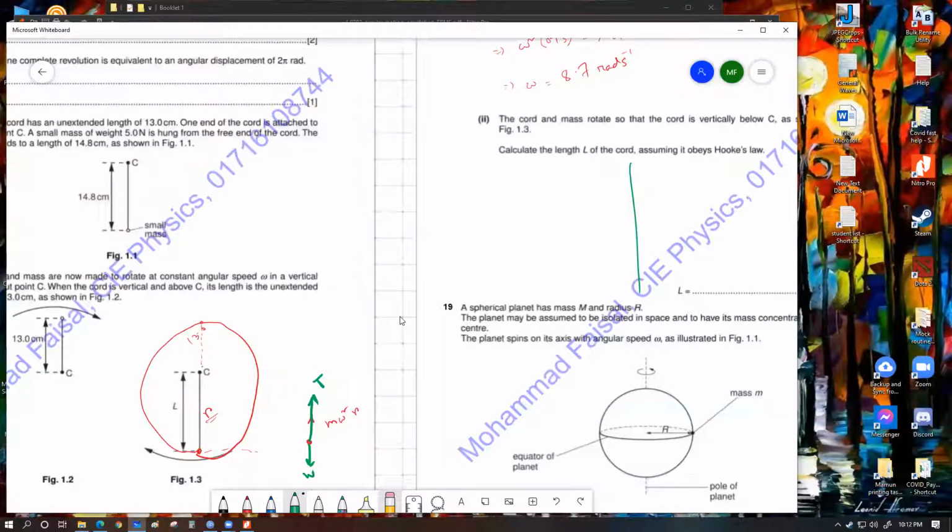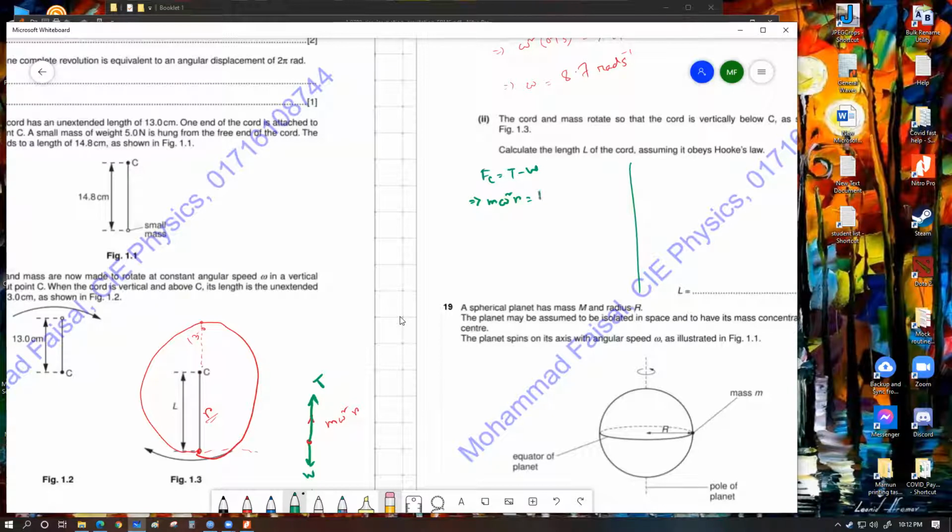FC equals to T minus W, which gives us M omega square R equals to spring constant. Tension হবে হচ্ছে kx, spring constant into extension.